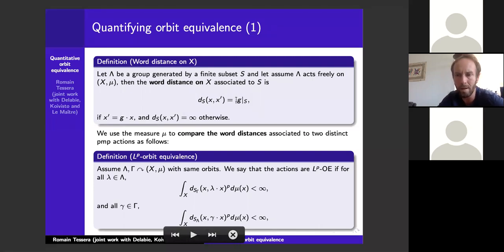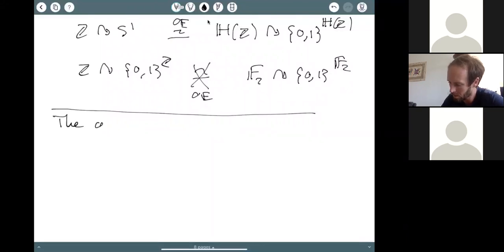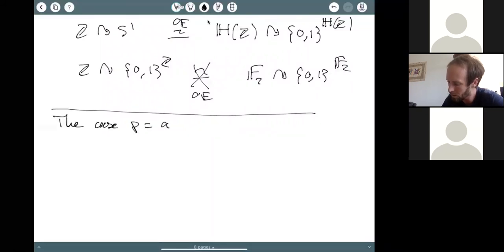Just to explain this, I'm going to explain what happens if they are bounded. So the case p equals infinity is interesting.